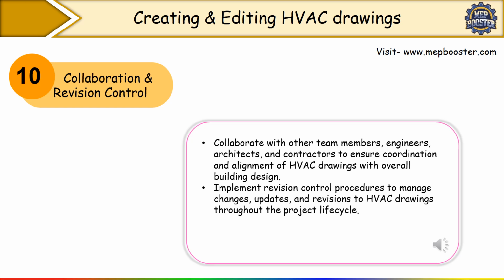Then implement revision control procedures to manage changes, updates, and revisions to the HVAC drawing throughout the project life cycle. Suppose you have to make any revision, so implement a revision control procedure for that.